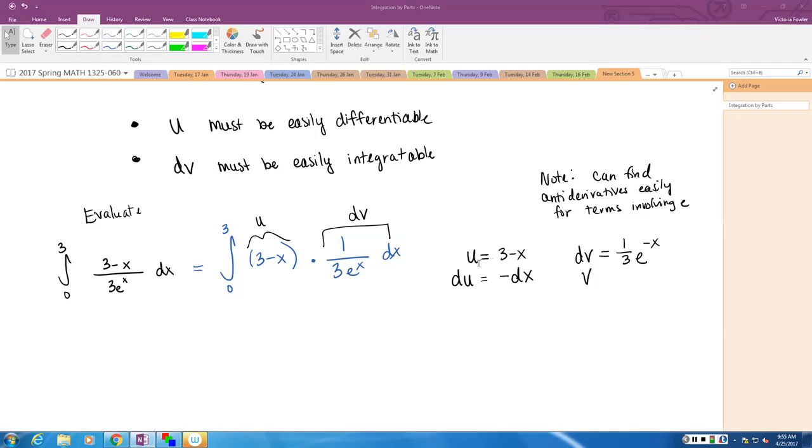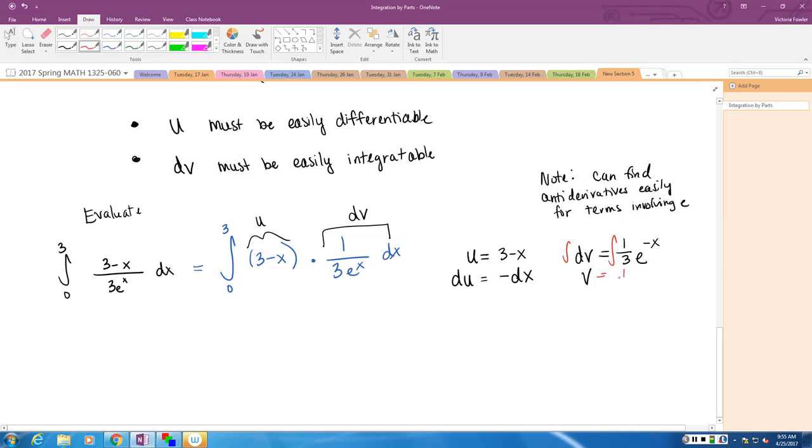So you've got your u is 3 minus x. Its differential is going to be a negative dx. Our dv we've rewritten cleverly as 1/3, and I've rewritten this as e to the negative x. So when you're looking to find out what your v is, you're taking the antiderivative. The antiderivative of e to the negative x is just going to be negative e to the negative x.